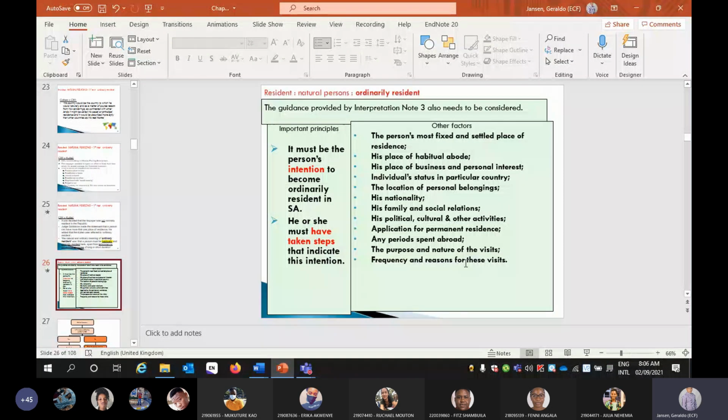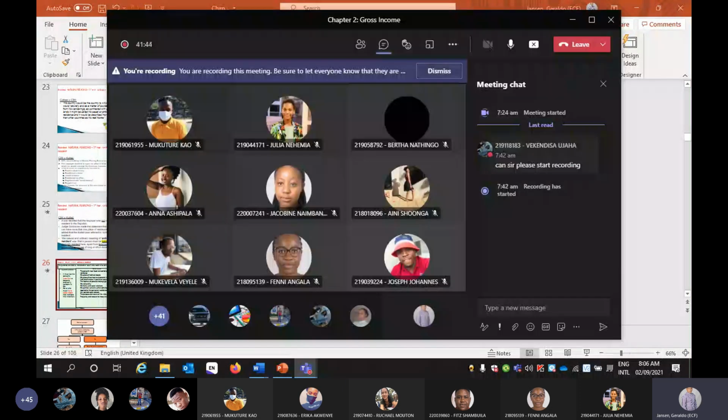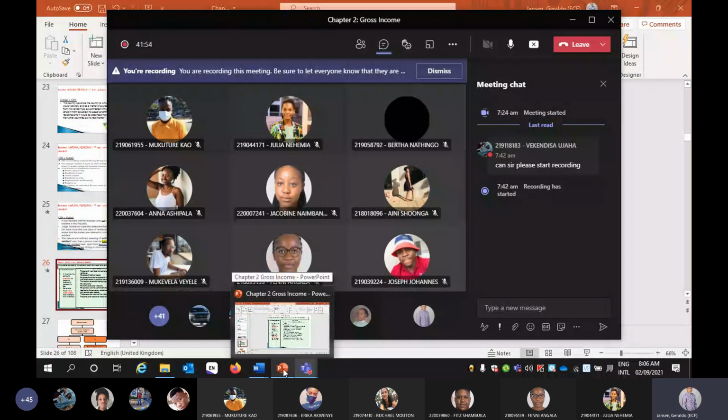In our test, we might tell you his family also moved, or we might tell you his son is still in South Africa while he is abroad, and things like that. And then you need to analyze. It seems like these people might then return to South Africa, but we will give you enough guidance in a test for you to make these decisions.